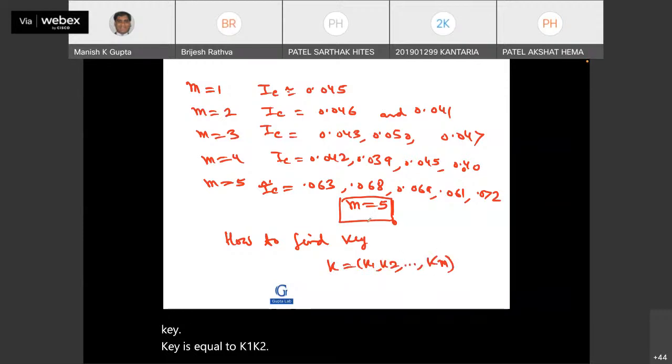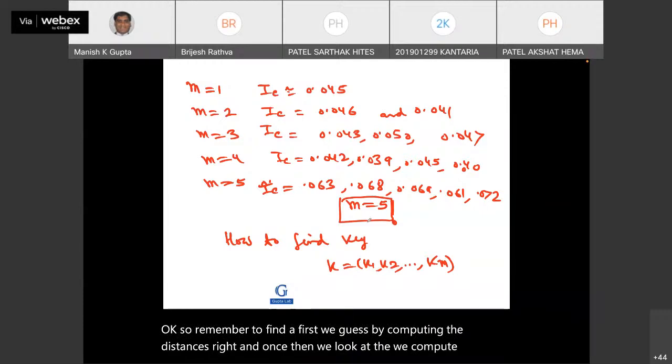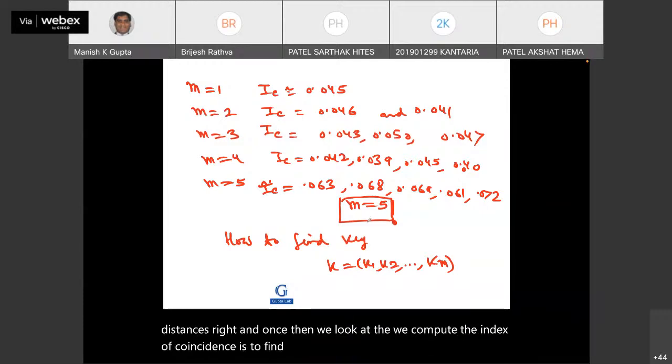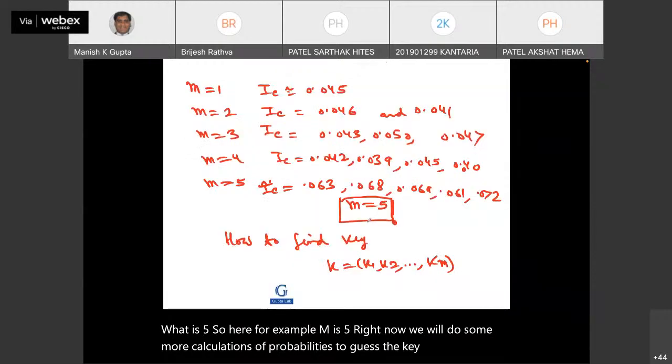Remember, to find m, first we guess m by computing the distances, and then we compute the indices of coincidence to confirm m. Here, for example, m is 5. Now we will do some more calculations of probabilities to guess the key. Let me, I think I will require more space again.